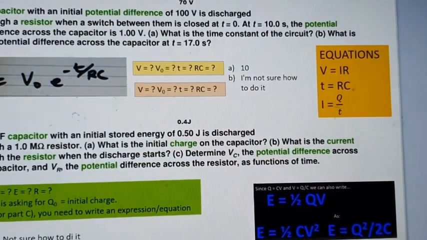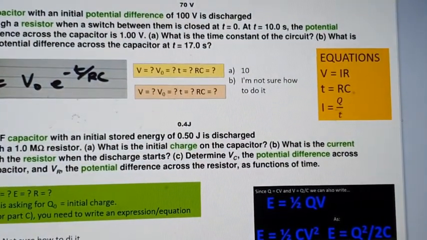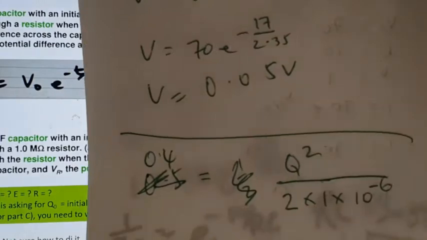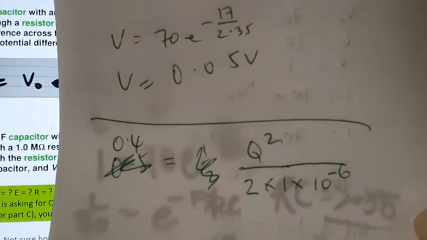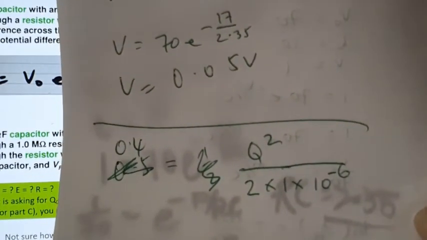I'm not doing the question for you, so I'm going to do 0.4. So 0.4 is equal to Q squared over 2 times 1 times 10 to the minus 6.